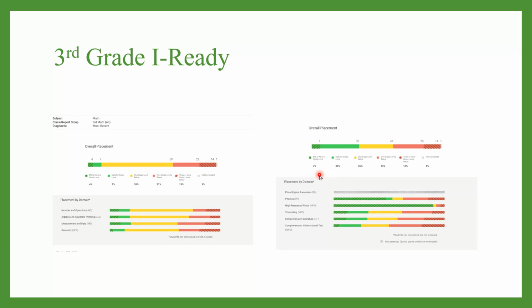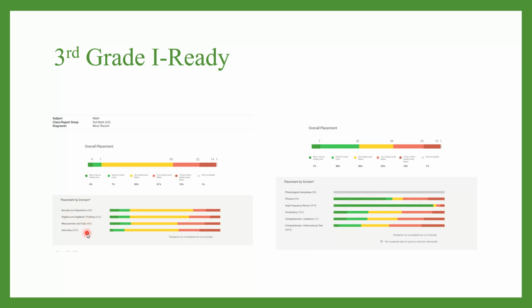We have about 7% of students who are above grade level in reading. We have about 26% who are one grade level below, 23% two grade levels below, 13% three grade levels below, and so on.